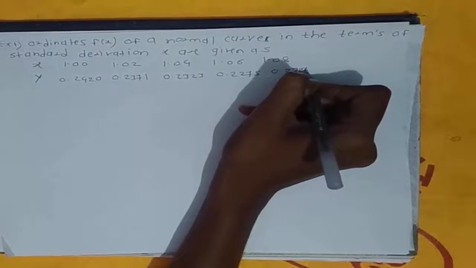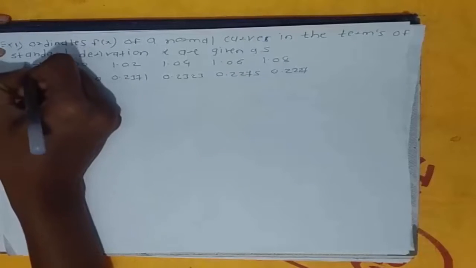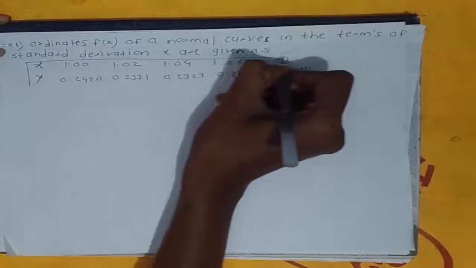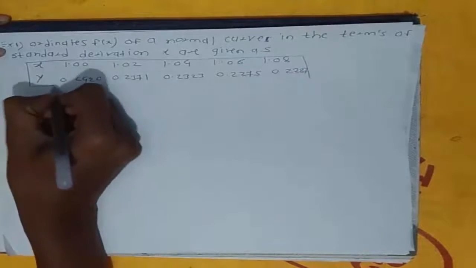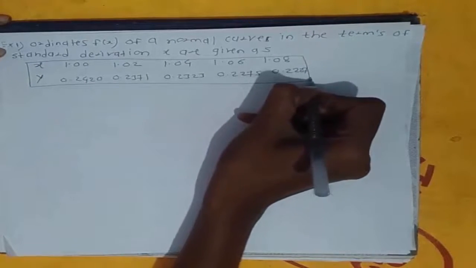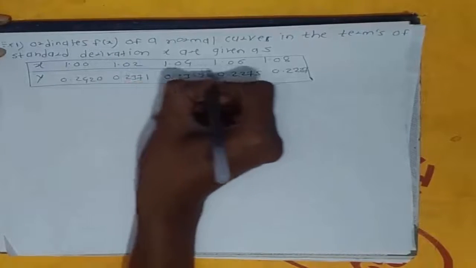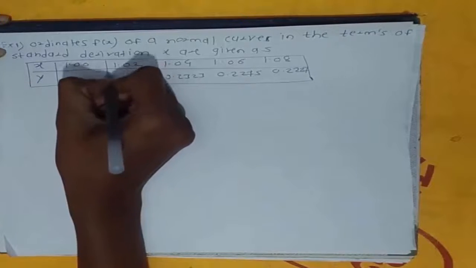0.2227. Okay, so here we are given these tabular values of x and y, that is the values of ordinates y and x, that is the derivation.